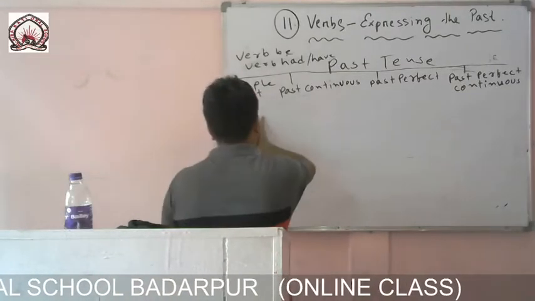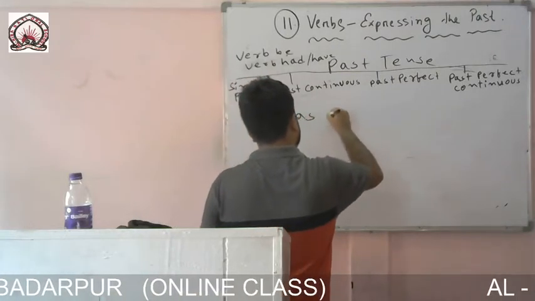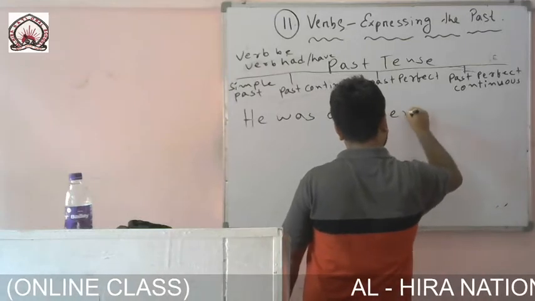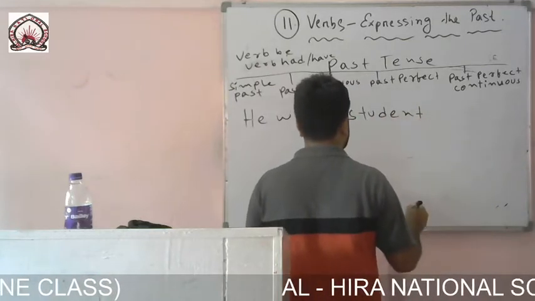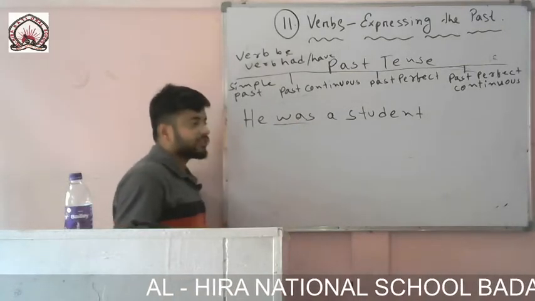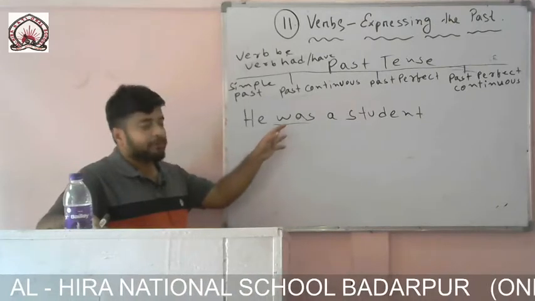For example, if I write, he was a student. So this is past, and this is verb be.